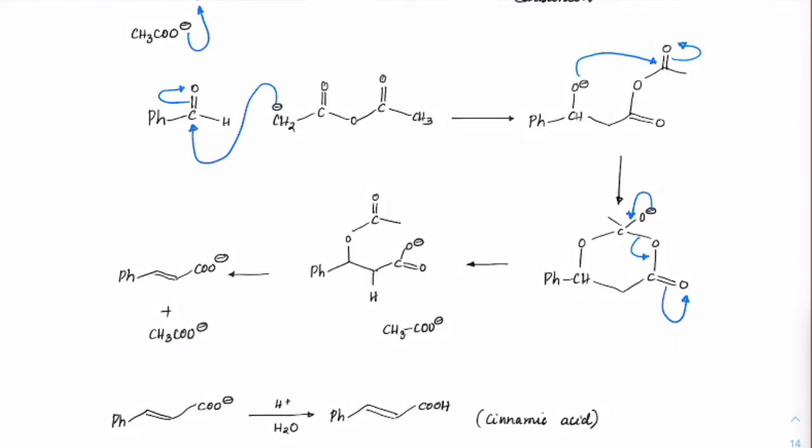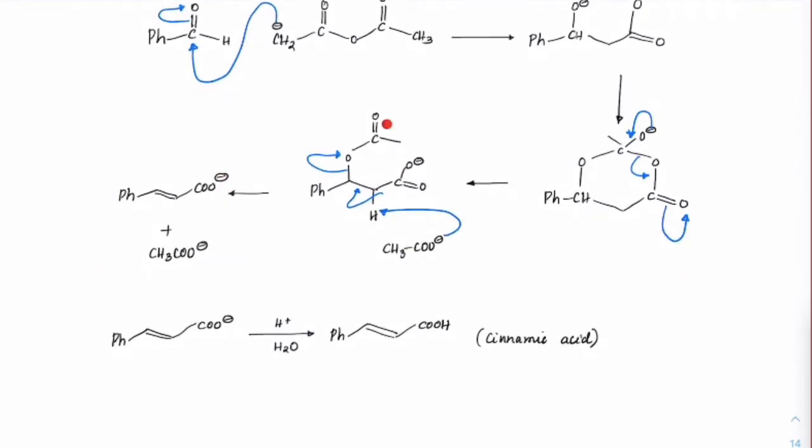Now CH3COO minus extracts this proton and forces the double bond to shift there, and O minus is relieved from here. So what you see here is Ph-CH=CH-COO minus. That is the formation you will observe.